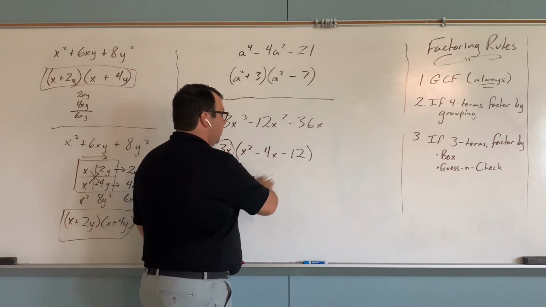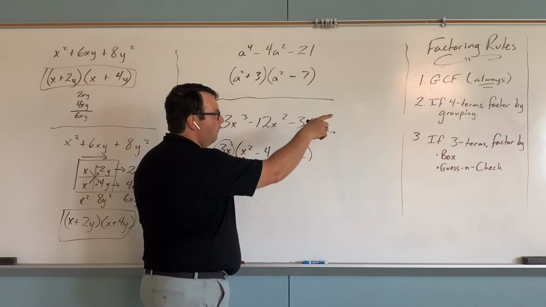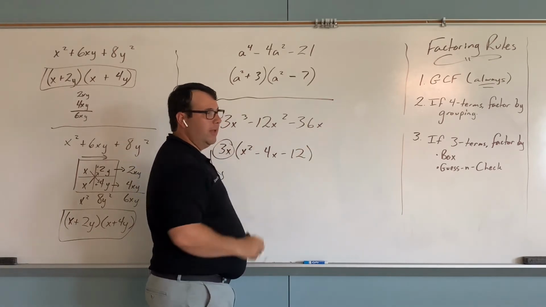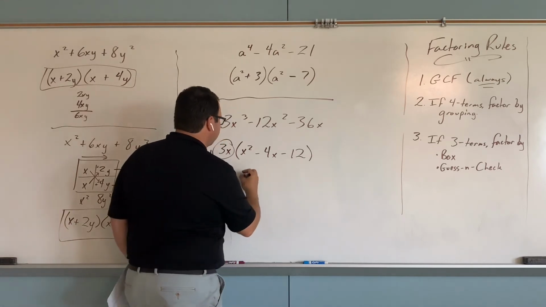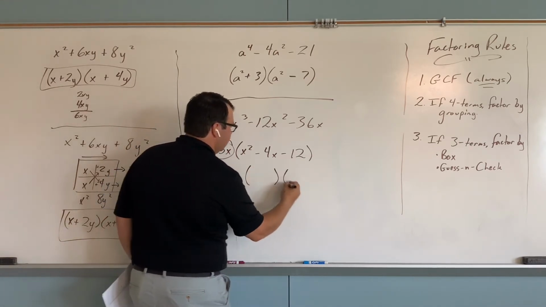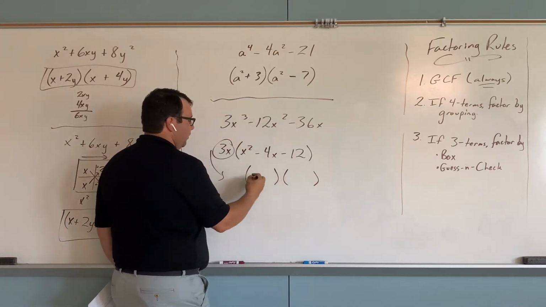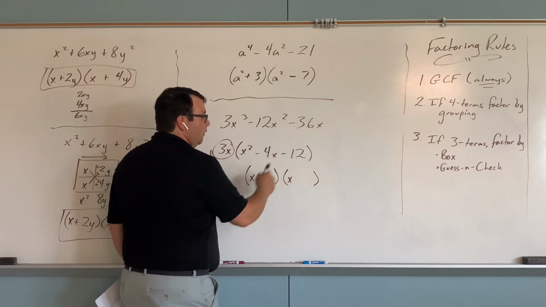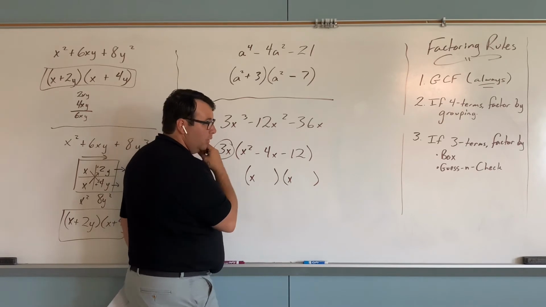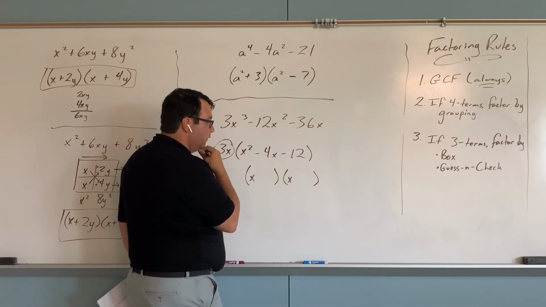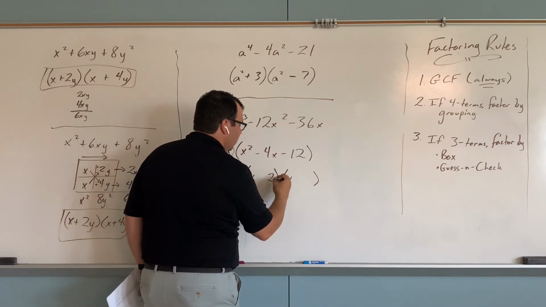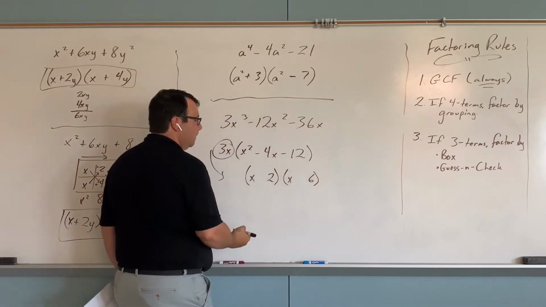Is this factorable? Well, it's not 4 terms, but it is 3 terms, which means I could use box or guess and check. I'm going to use guess and check just because. What times what gives me x squared? I have x and x. I have 12. 1 and 12, 2 and 6, 3 and 4. Hey, 2 and 6 might give me 4, so I'm going to use 2 and 6.